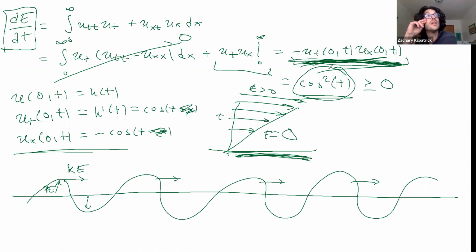But even in that case, you would have energy propagating rightwards, so you probably couldn't suck all the energy out. So you would need 2 boundaries in that case in order to have energy go all the way down to 0. Or if you have damping in your string, like you looked at in the uniqueness problem in the homework, then the damping will eventually remove all the energy from the string.